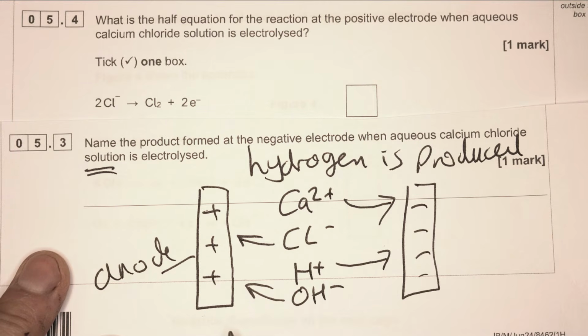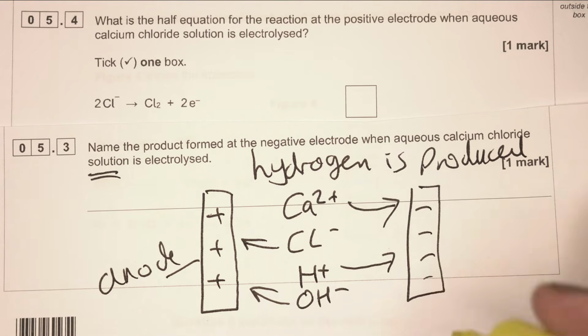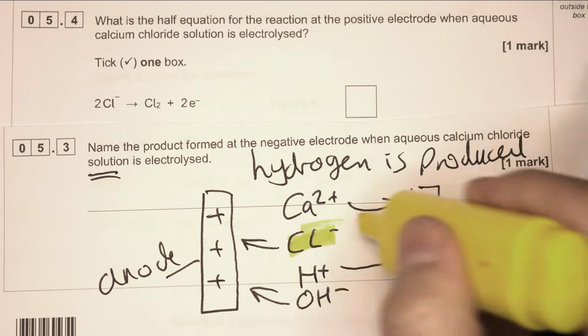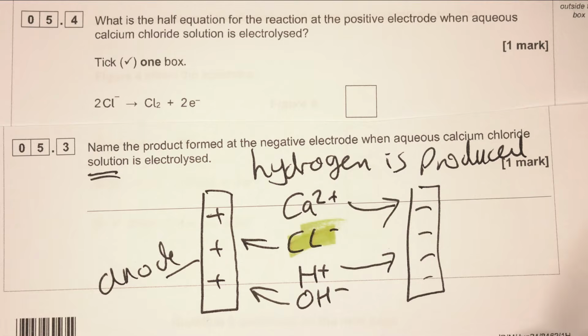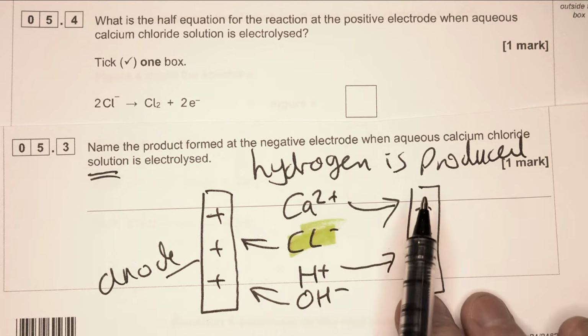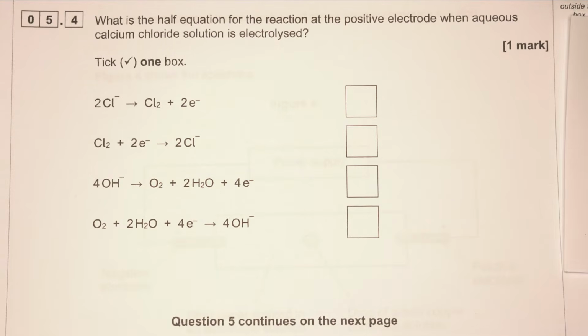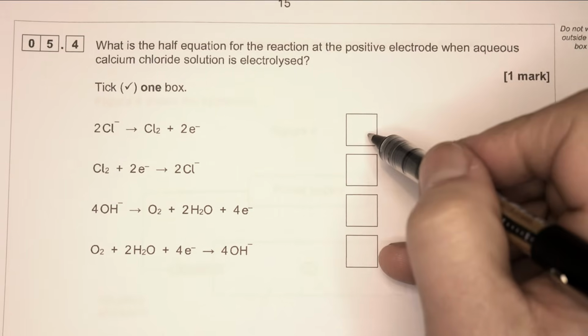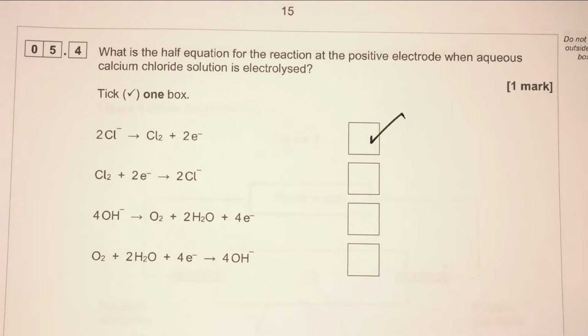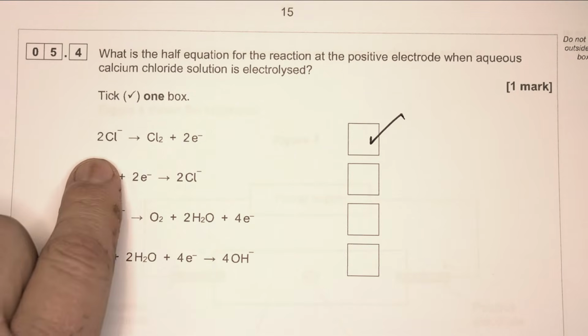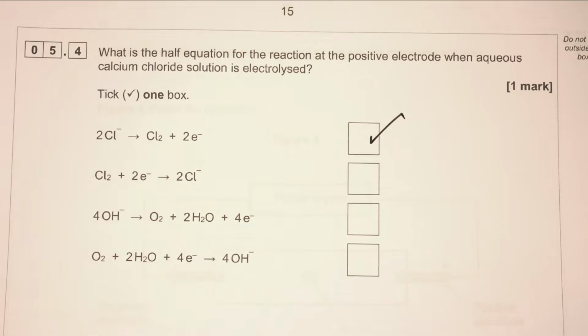If we haven't, then oxygen will be made. Now in this case, we have got a halide ion moving towards there, so it's the halide ion that's going to be discharged. So in this case, chloride ions will make chlorine. So it has to be this one because it's the chlorine one, and in electrolysis, ions change into atoms.